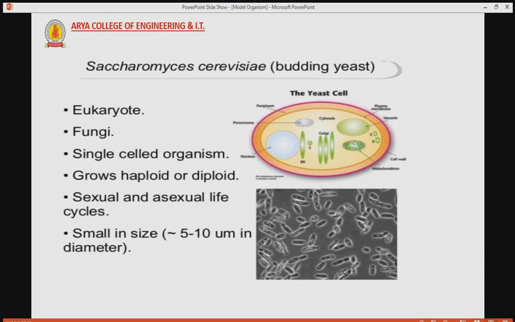Next is yeast, that is budding yeast, Saccharomyces cerevisiae. It is a yeast cell which is eukaryotic, meaning it has a well developed nucleus. It is under the fungi kingdom. It is a single cell organism, either haploid or diploid, and the mode of reproduction may be sexual or asexual, and it is also small in size.